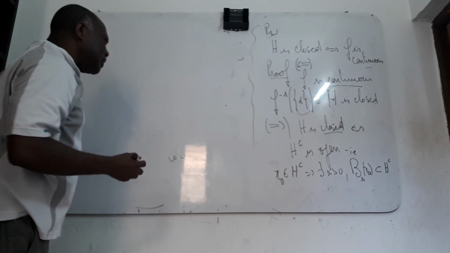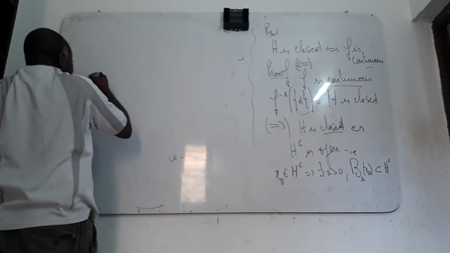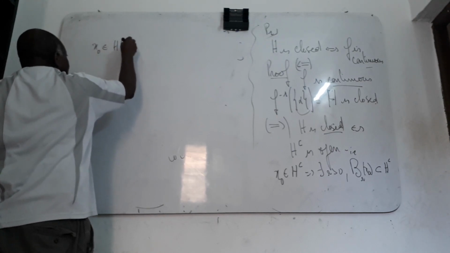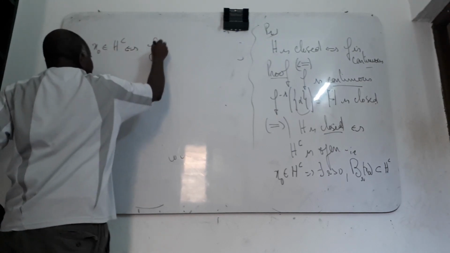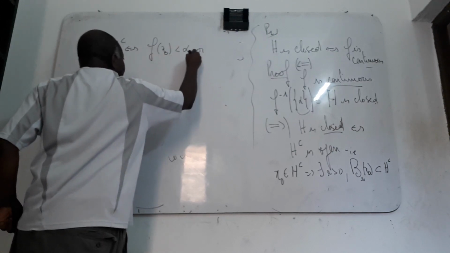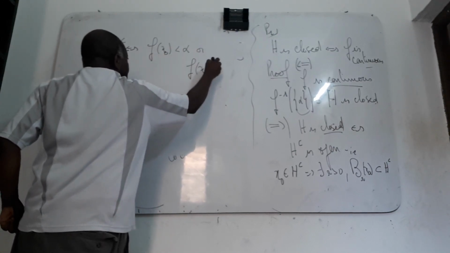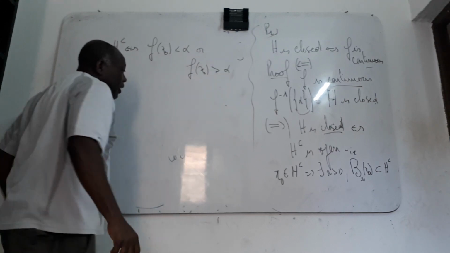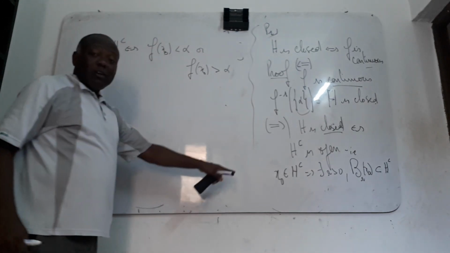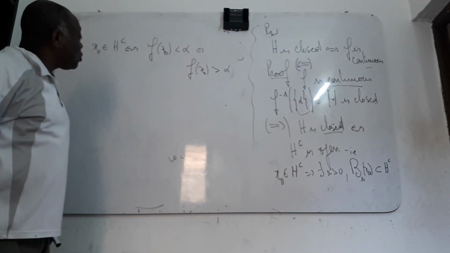If x0 is an element of E minus H, that means that f of x0 is less than alpha, or f of x0 is bigger than alpha, because x0 is an element of the complement of H. Then you have this condition.